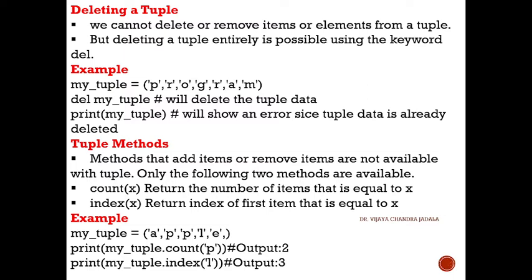Print my_tuple.count('p') gives output 2. Then print my_tuple.index of 1, output is 3. So this is all about tuples, deleting a tuple, and tuple methods, that is count and index.